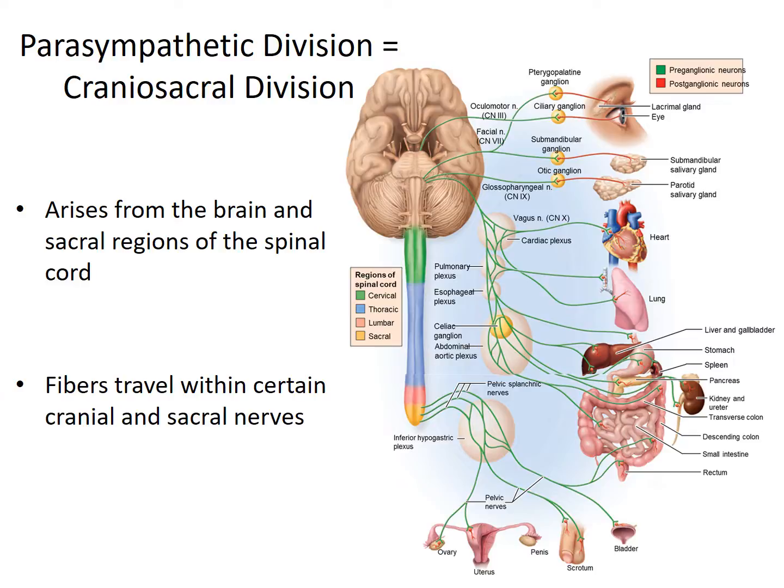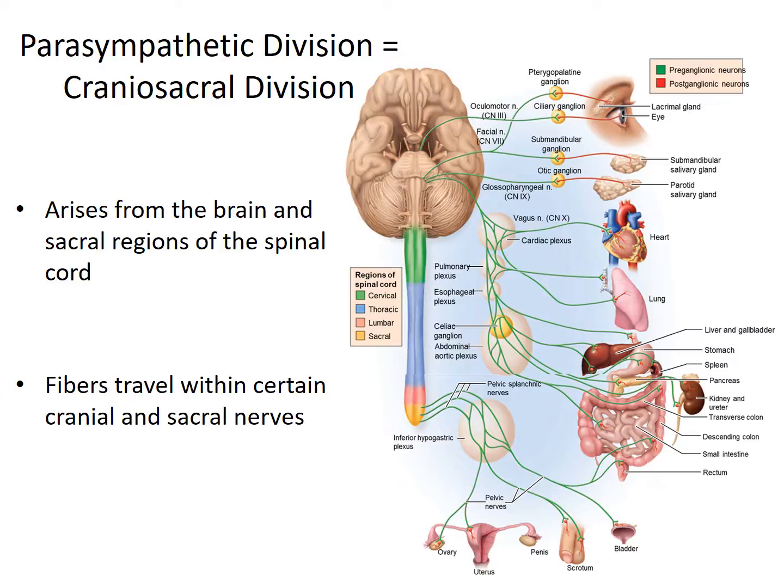If you were just to recall, the sympathetic division is often called the thoracolumbar division. In contrast, the parasympathetic division is often called the craniosacral division because it arises from the brain and brainstem and the sacral regions of the spinal cord.